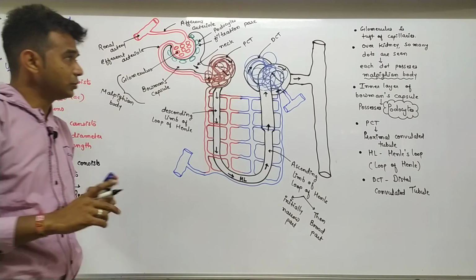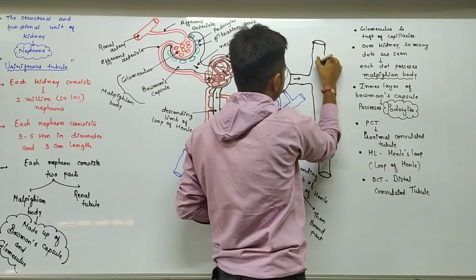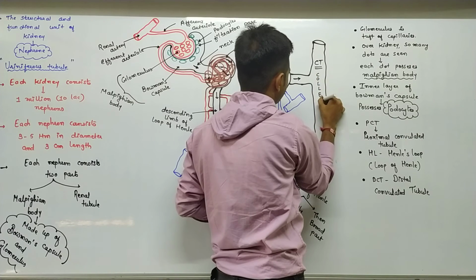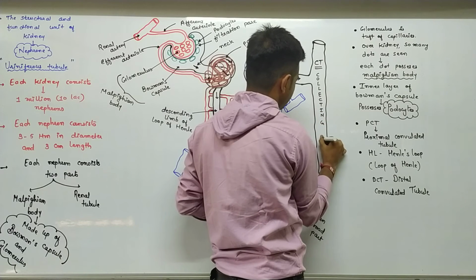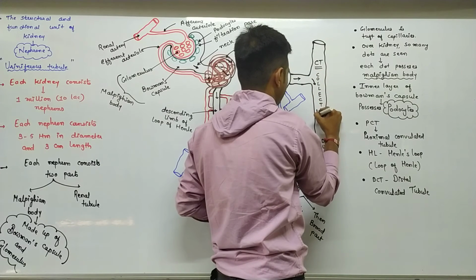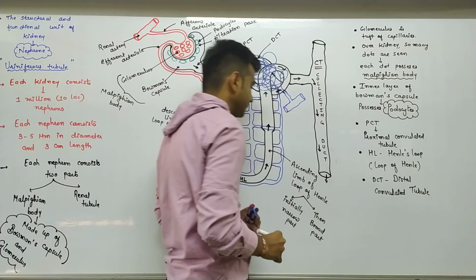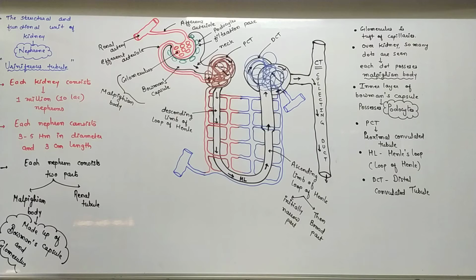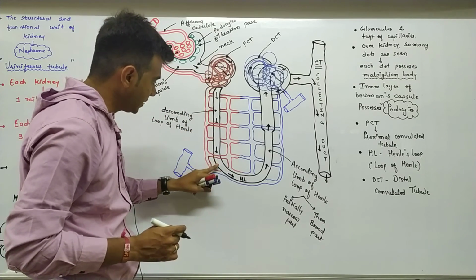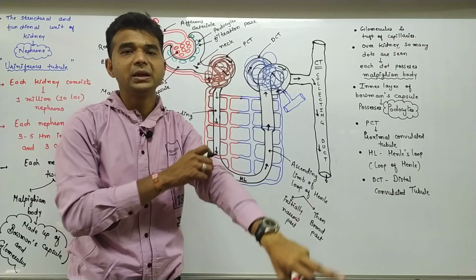Now, you know that the distal convoluted tubule is connected to the collecting duct, CT. So the blood is filtered, it runs through the proximal convoluted tubule, then comes in contact with the loop of Henle, then the distal convoluted tubule, and then is collected through the collecting duct.